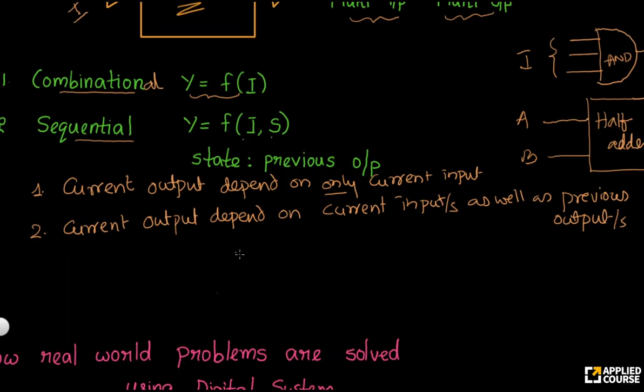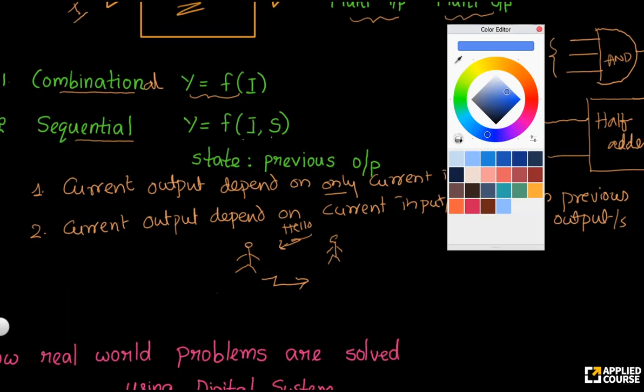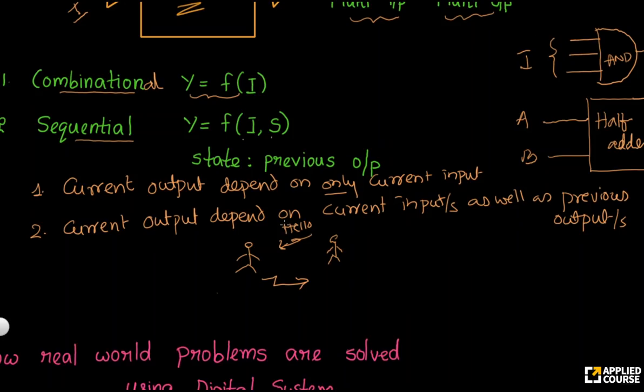For example, in the market, in a gathering, one of your friends says hello, and the response from your side depends not only on this hello input, but also on the impression you have of the person. Impression is basically the previous interaction with that person. You can say previous output.